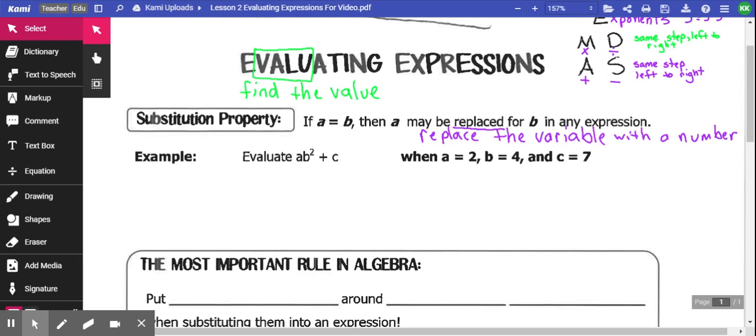I'm going to show you an obnoxious jingle from when I was younger. I don't know if they still play this on commercials anymore, but anytime I hear substitution, I think about a Glade plugin. So I hope this song gets stuck in your head to help you remember what it means to substitute. When you substitute, you plug in a number for the letter.